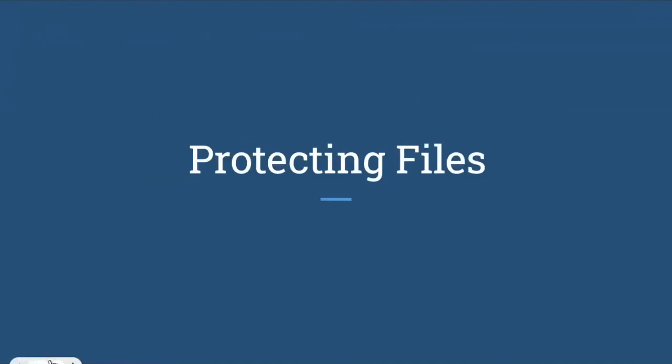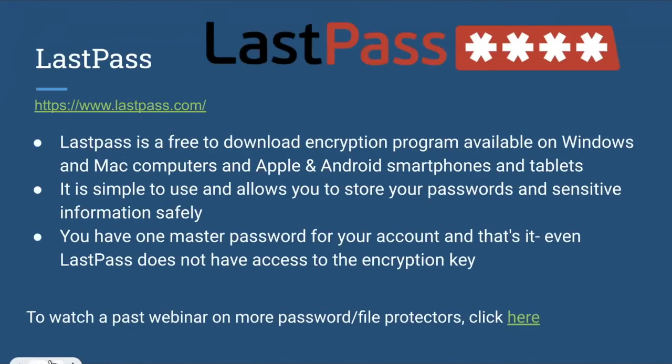Next, we're going to go over how to protect your files. And we're going to specifically discuss LastPass, which is a free-to-download encryption program that is available on both Windows and Mac computers, as well as smartphones, including iPhones, Android phones, and tablets. It is a very simple application to use, and it allows you to store your passwords and sensitive information safely.